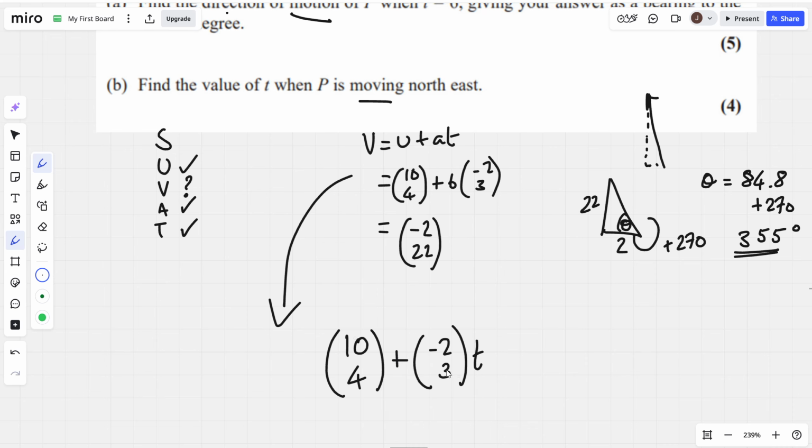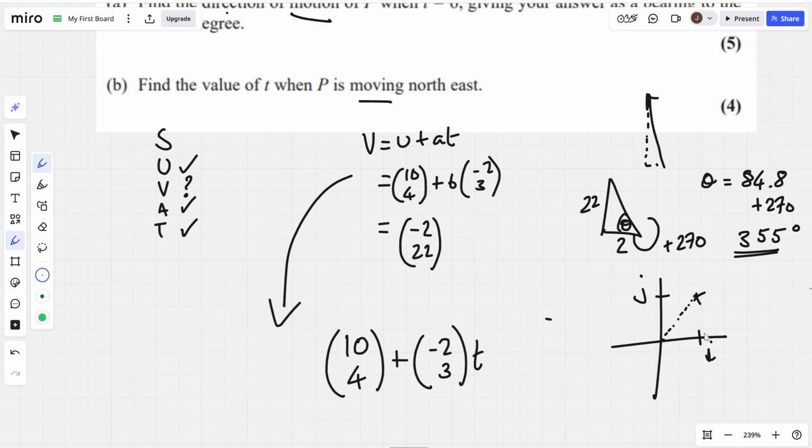And we want to know when this is moving northeast. Well, two ways we can do it. One way, which we've talked about in previous videos, is we can just set the i amount equal to the j amount. Because if things are moving northeast, it means the numbers for the velocity will be the same as one another.